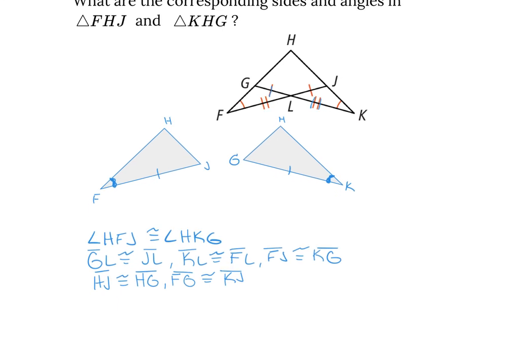Okay, some more of our angles. Angle FHJ would be congruent to angle KHG, which would also be right here.